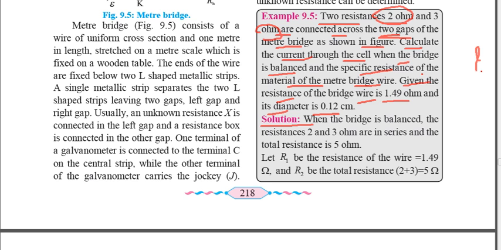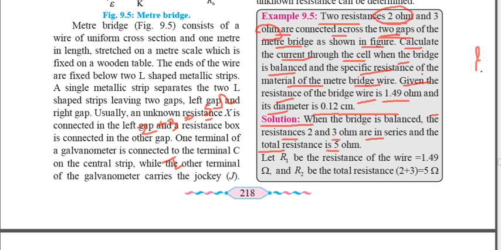So we start with the solution. When the meter bridge is balanced, the resistances 2 and 3 ohm are in series and the total resistance will be 5 ohm. That is, we add the resistances in series, so 2 plus 3 is 5 ohm. That is the total resistance when the bridge is in balance condition.